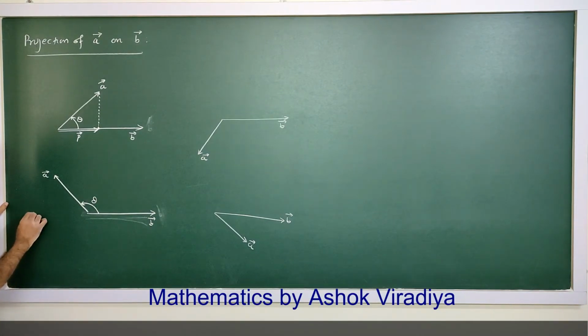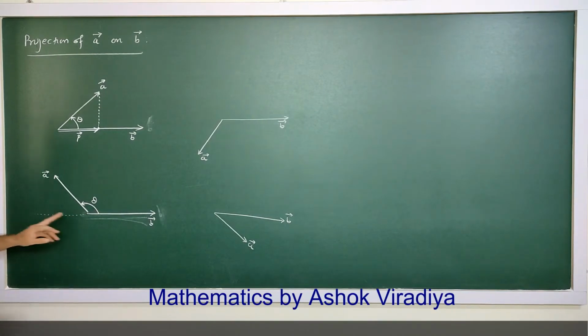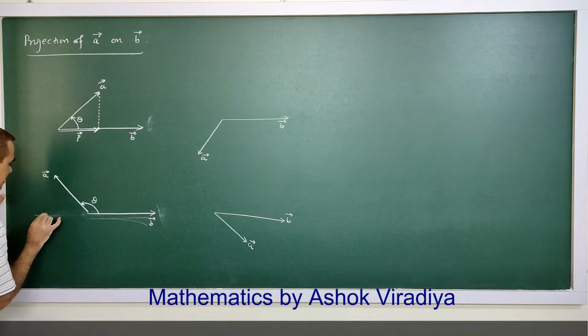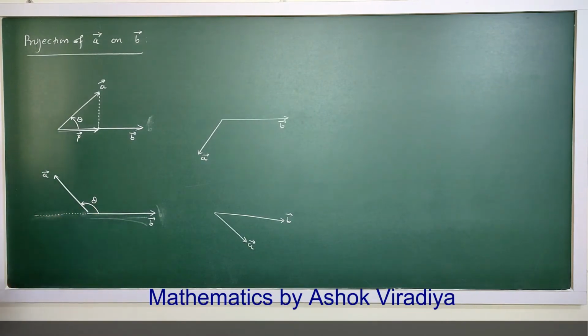Now here you can see, consider this dotted line, that means this side is the opposite direction of vector B. Taking a perpendicular from the terminal point of A, this is the foot of perpendicular.